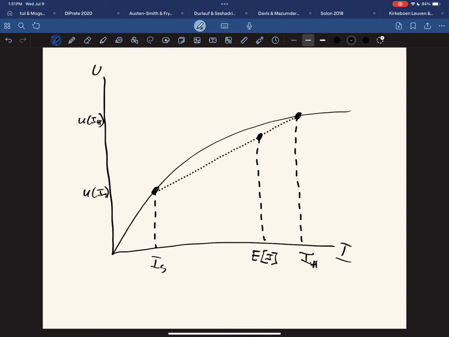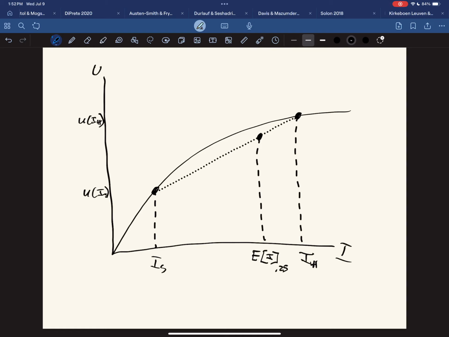This is my expected income, when P is 0.25.